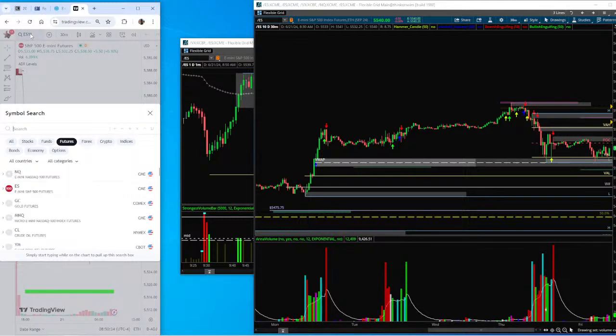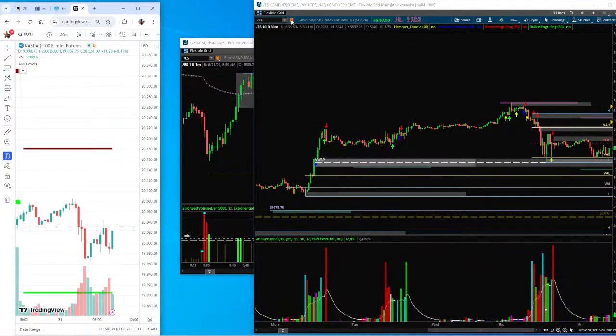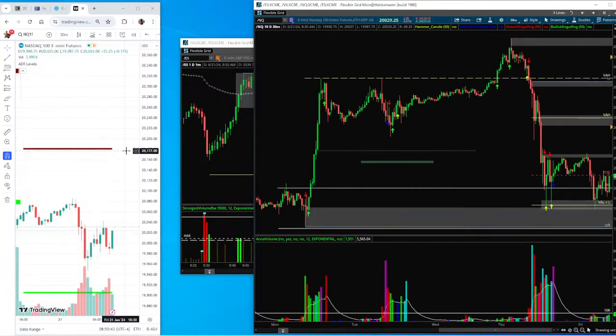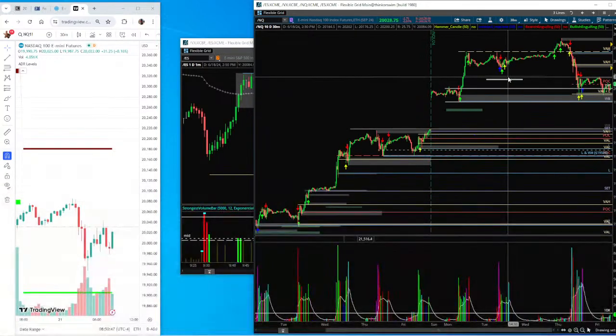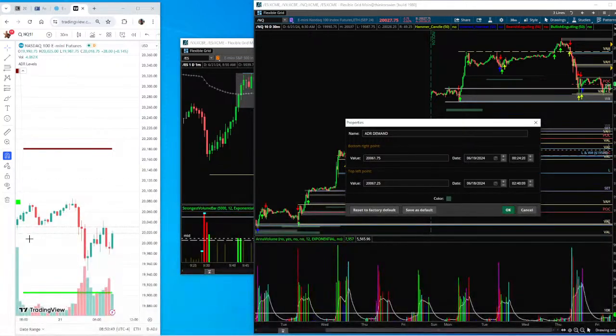Now, NQ. That's also a tight level. We can definitely use that.